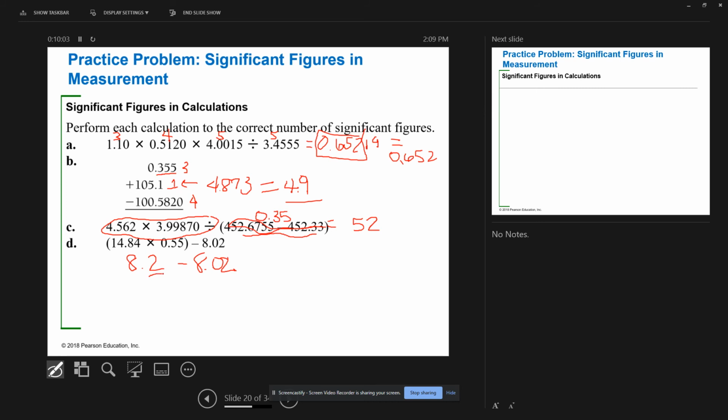So I have 1 decimal place here, 2 decimal places here. So when I do the subtraction, I get 0.18, but I only want 1 decimal place. So my answer would be 0.2. And that would be it.